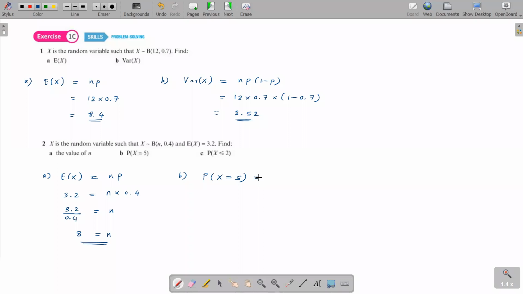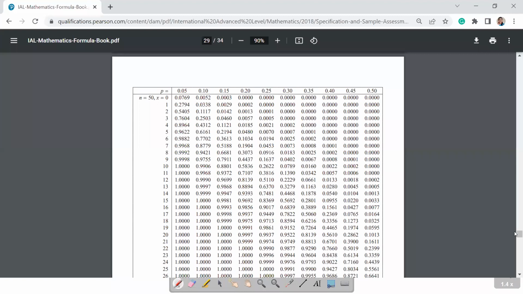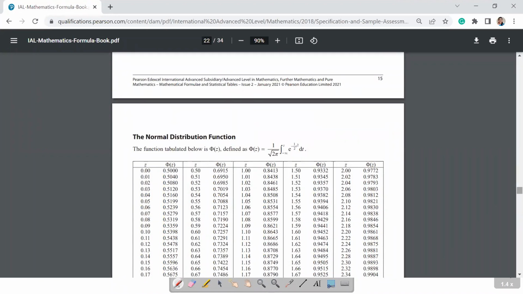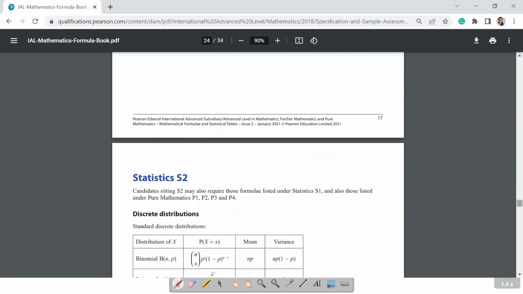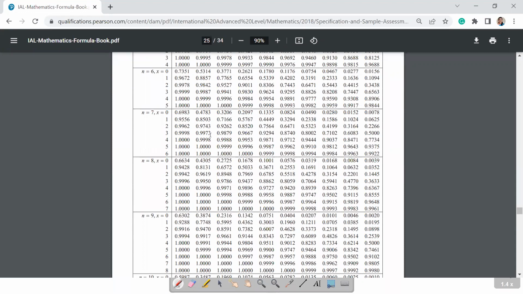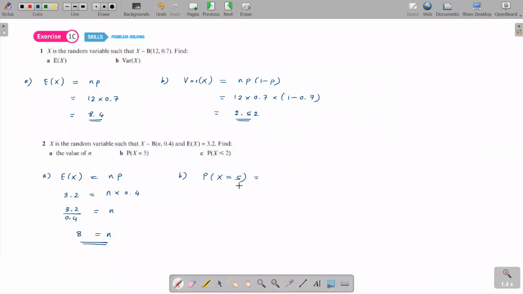So how do you find the probability X is equal to 5? The n value here is 8. If the n value is available in the cumulative distribution table, maybe you could subtract the two cumulative probabilities and get it. Or else you could do this using the formula manually. I think we have the n values 7 and 8, but we could do this by the binomial equation also.